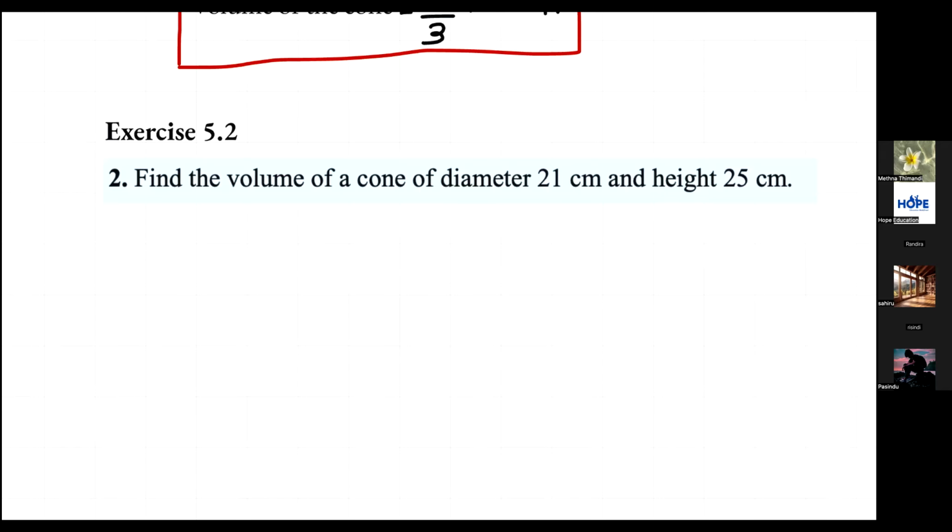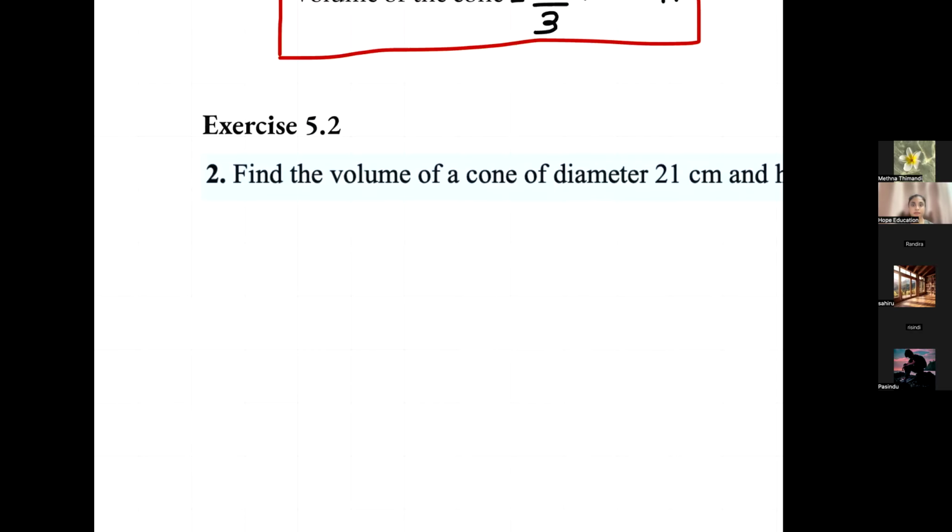Okay, what's the answer? What's the answer you got for this? Randira, Sahiru, Hasindu, Risindi, what is the answer you got for this?